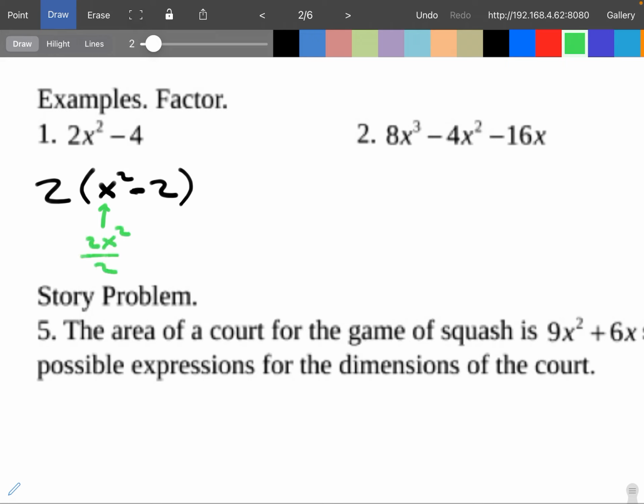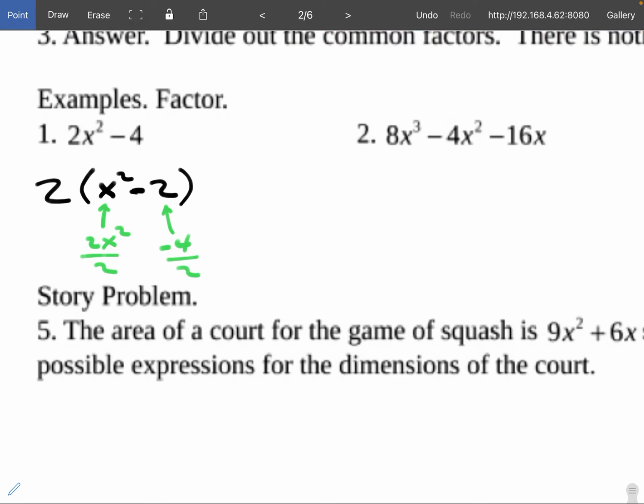So you could take the first term, which is 2x squared, and divide it by your greatest common factor out in front, which is a 2. And same thing for this one. You would take the second term, which is negative 4, and divide that by the common factor out in front, which is a 2. So that's another way to think of it if you're trying to figure out how to fill that in.